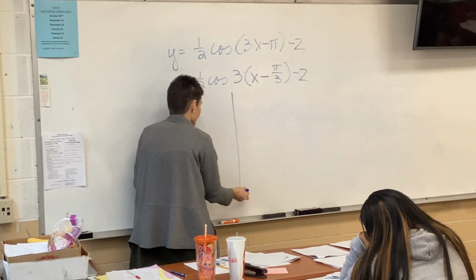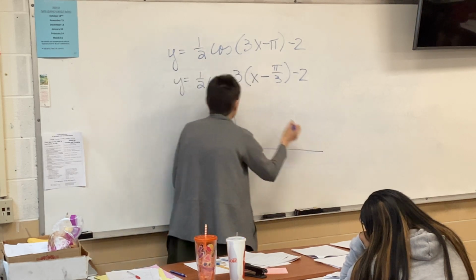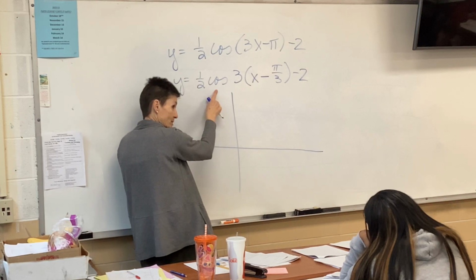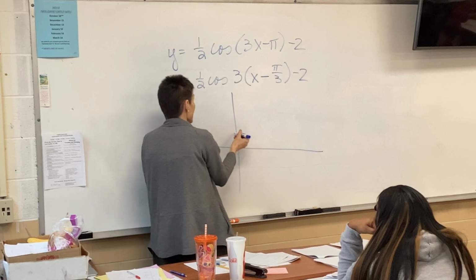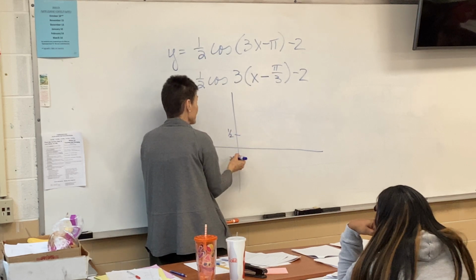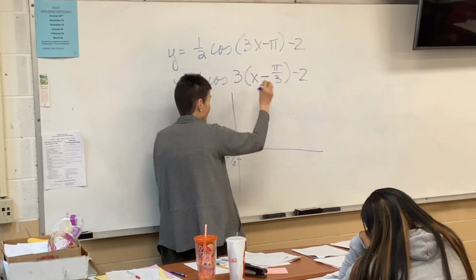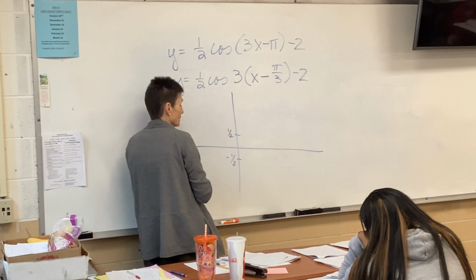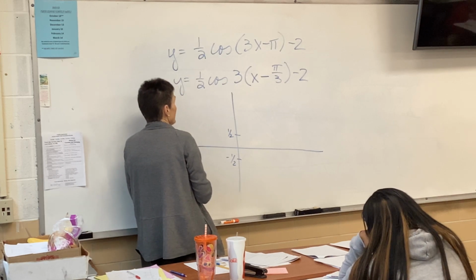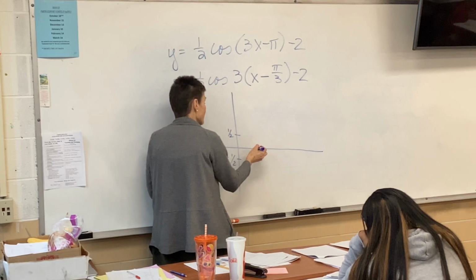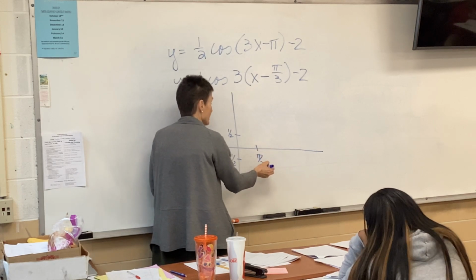So here we go. This is a positive cosine curve. Its amplitude is a half, at least to start with. I know it gets bad, I'm going to take care of that in a minute. The phase shift is pi over 3.